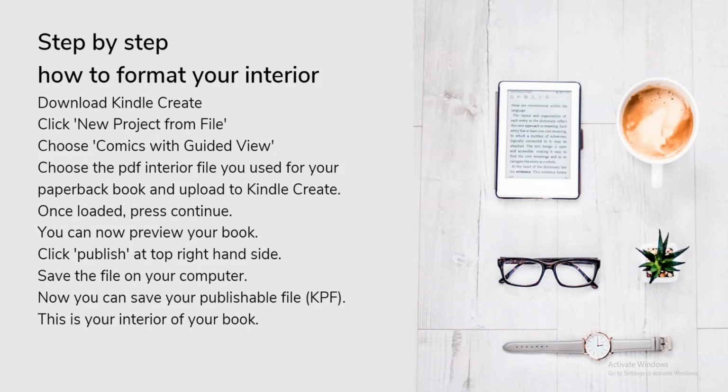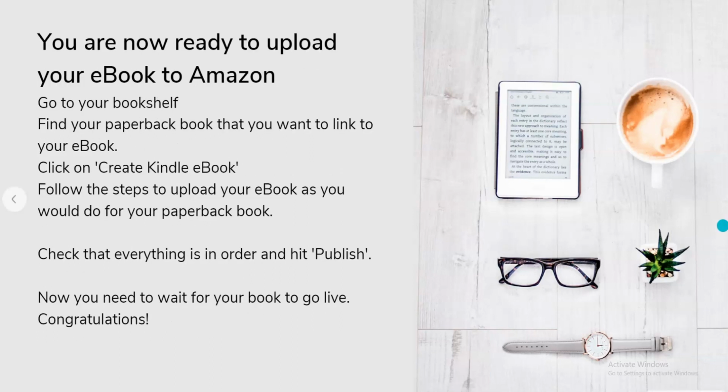Once it's loaded, you press Continue, and you can now preview your book. Click Publish at the top right hand side, and then save the file on your computer. Now you can save your publishable KPF file, and this is the interior of your book.